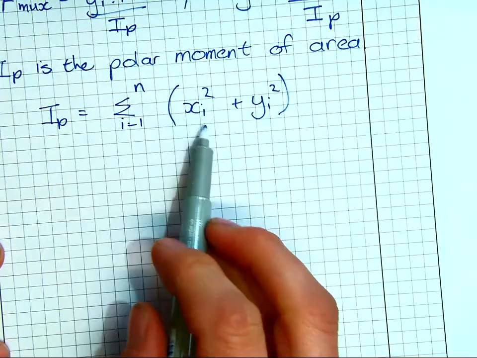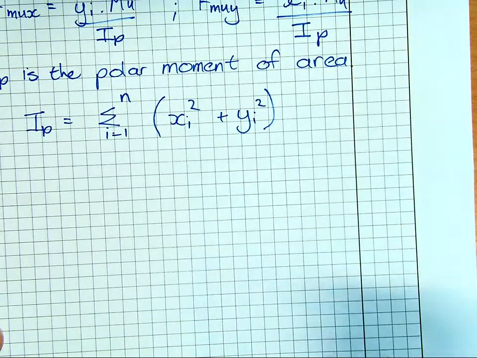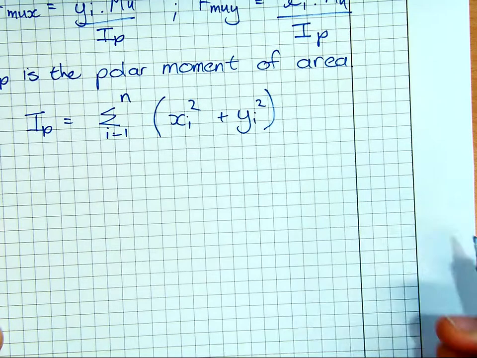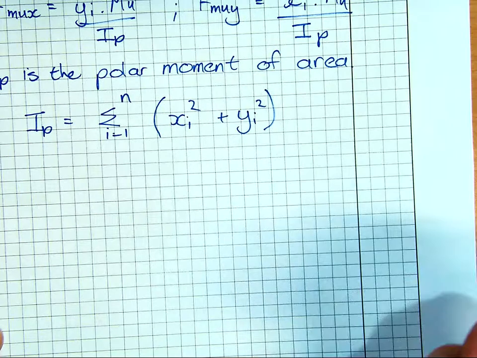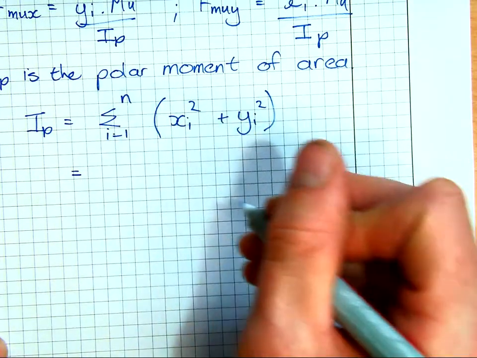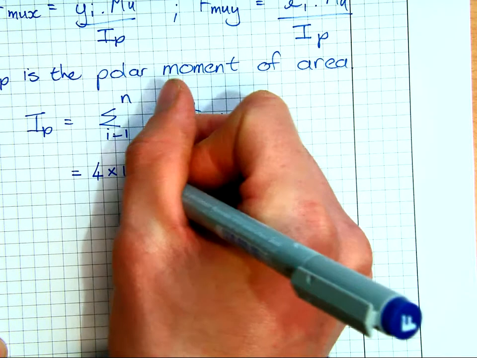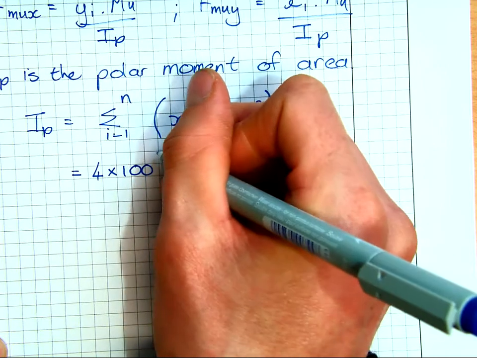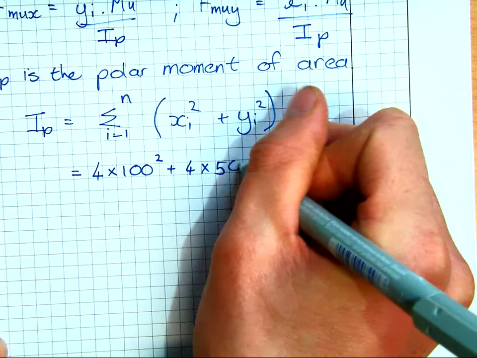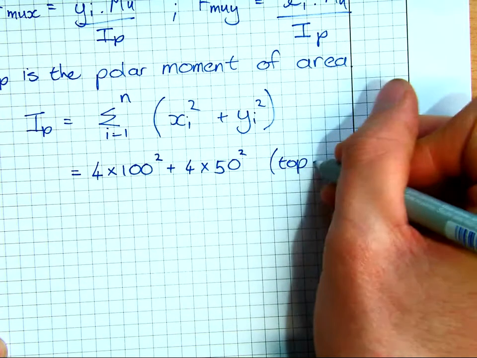And this should look familiar. That is just a distance. X squared plus y squared equals L squared, the distance. So if you know what the perpendicular distance is, you can just use that. Otherwise, if you've got x and y components, which is more commonly the case, we're just going to use those. So in terms of, we've got 4 bolts with 100 millimeter distances, plus 4 at 50. And these are the top and bottom bolts.